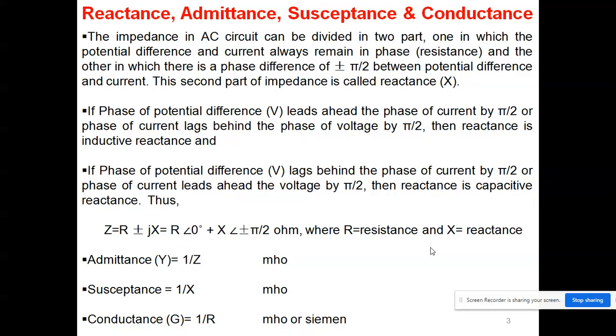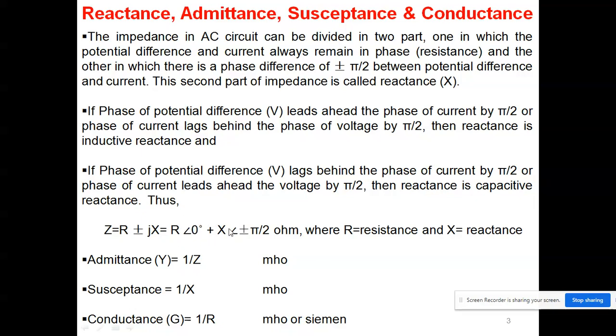The impedance of an AC circuit can be divided into two parts. You can see I divided it here into two parts. The first part is related to the case where the phase difference between the potential difference and current remains the same, that is, there is no phase difference between voltage and current.